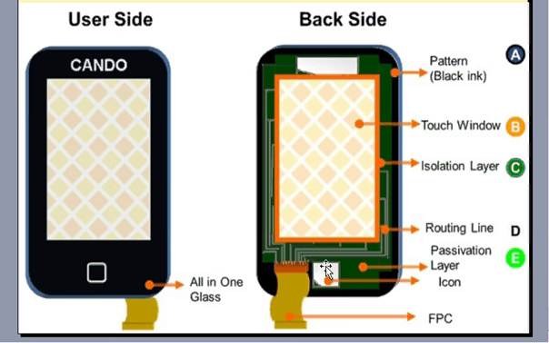And also there are some icons, some logos, and in order to protect and to have the consumer not see the layout, normally we print a black ink in front, or white ink in front of the cover lens. So in that case, it protects and makes this more beautiful looking.